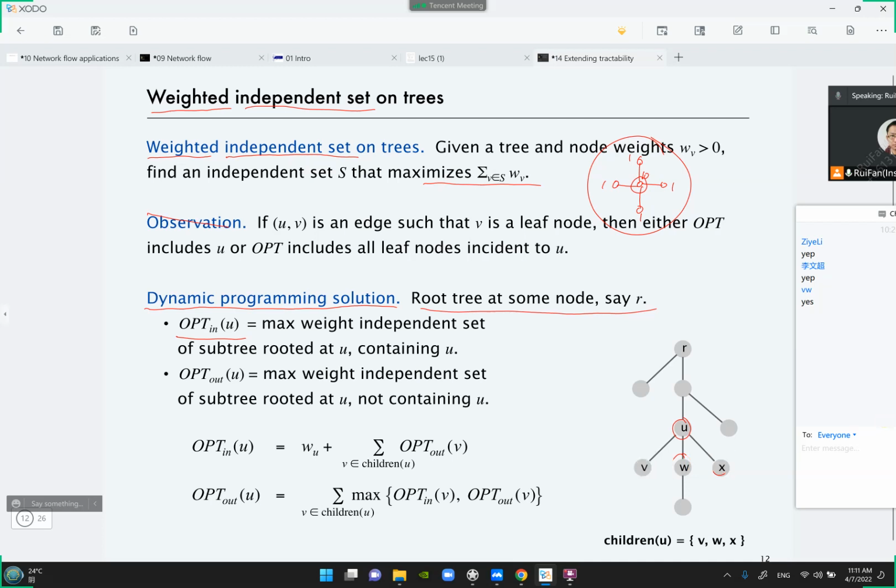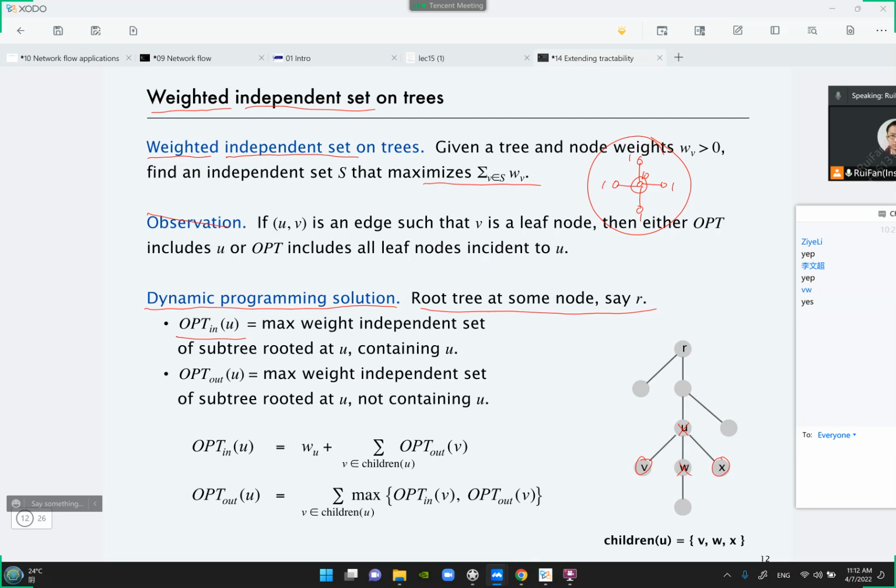If you add u to the independent set, then you cannot add any of these children nodes. If you don't add u, then you have a choice whether to add these children nodes. Maybe you want to add this guy, but you don't want to add this one, and you do want to add this one. So if you don't add u, you have a choice for each of the children whether to add it or not. But if you do add u, then you don't have a choice. You just cannot add any of the children.